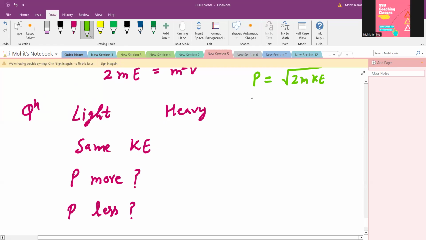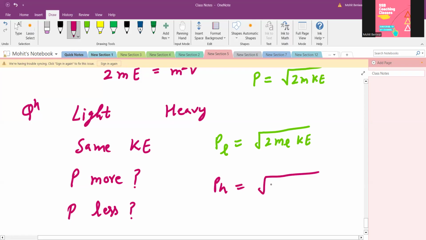Light object, heavy object. So if they are having the same kinetic energy, the linear momentum of the light object will be square root of 2 ml kinetic energy, because kinetic energy is the same. So you need not write something else. Linear momentum of the heavy object will be square root of 2 mh kinetic energy.